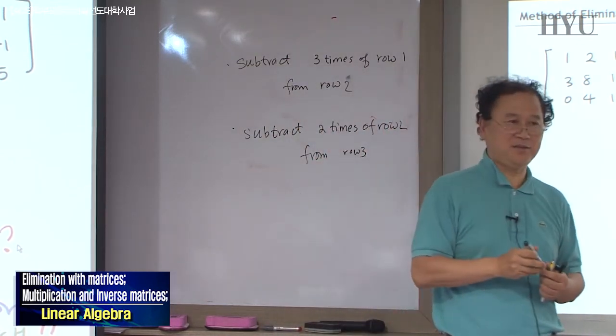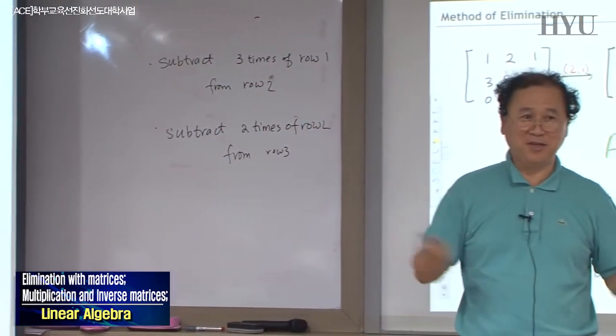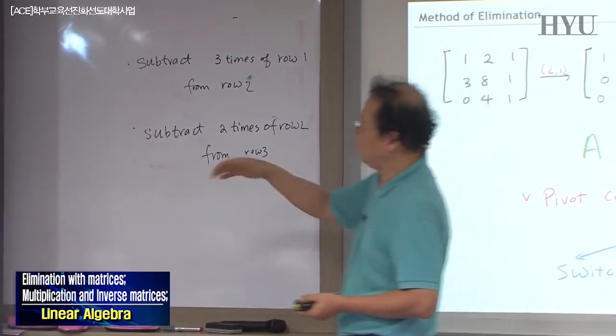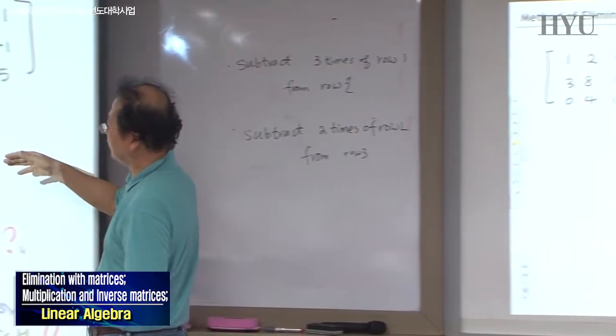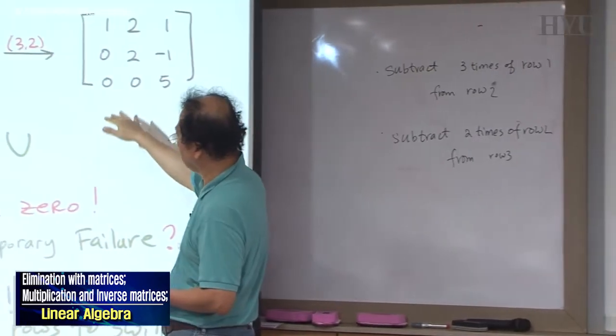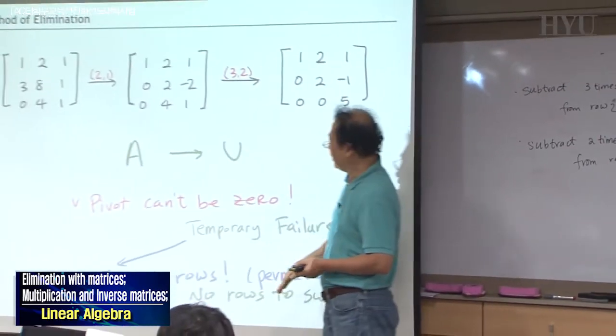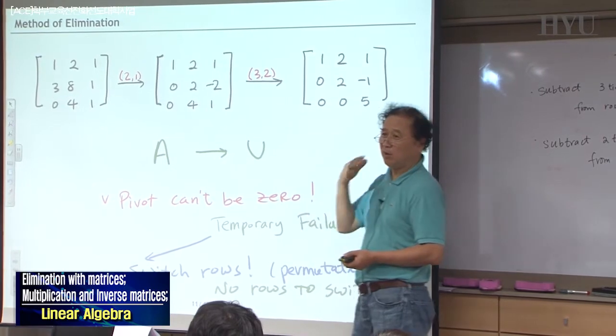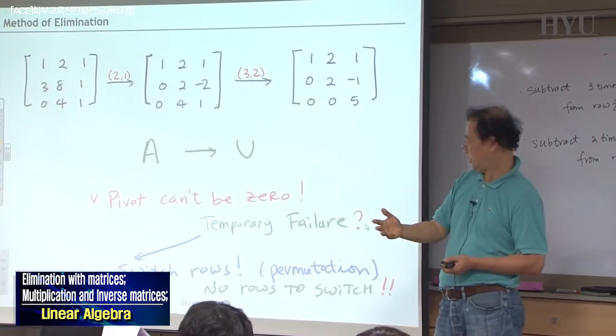This is just a review of what we learned in high school. By doing the transformation, a sequence of transformations, the regular matrix A becomes an upper triangular matrix.